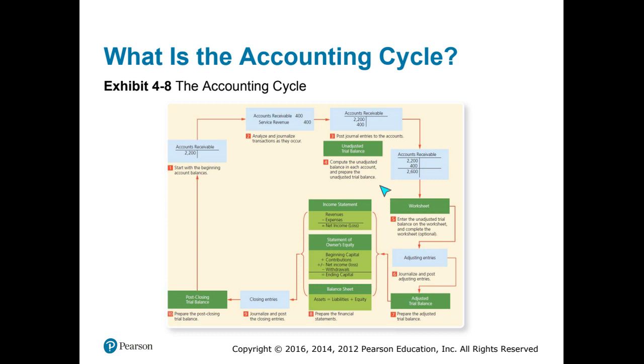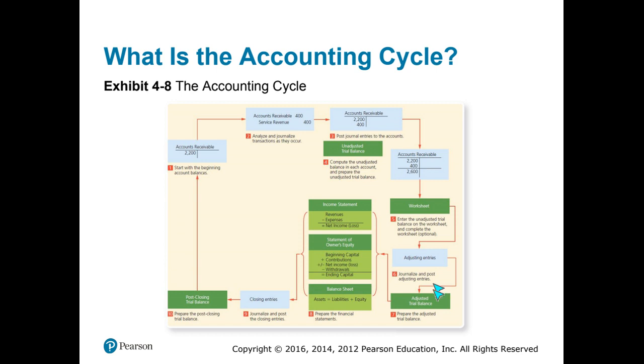Then we're going to go down to our worksheet, and we're going to enter the unadjusted trial balance on the worksheet and complete the worksheet. This is optional. Then we're going to make our adjusting entries. We're going to journalize and post the adjusting entries.